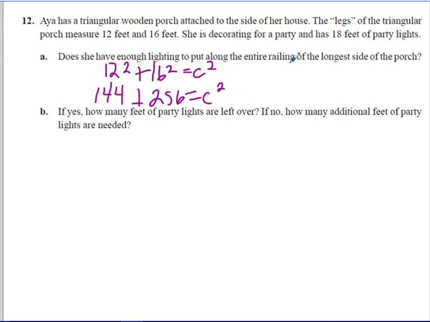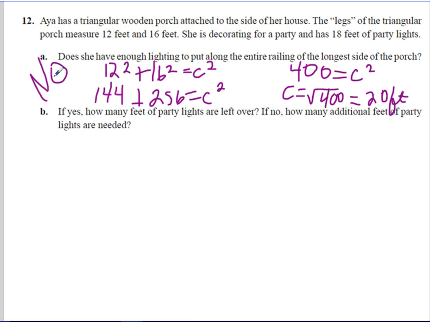And so when we add those, we get 400 equals c squared. And so c will equal the square root of 400, which equals 20. She has 18 feet, so the answer is no. She does not have enough. She's 2 feet short.